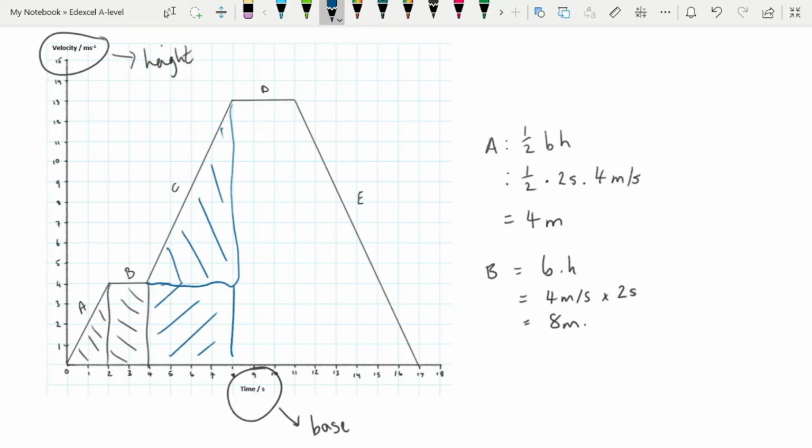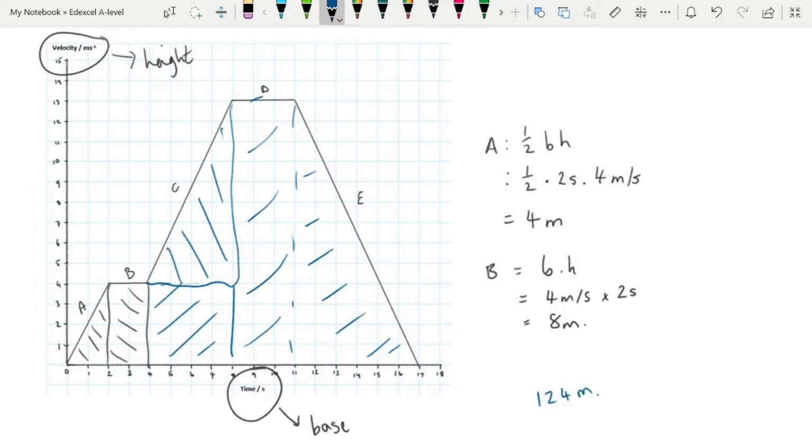Generally, what you're doing with graphs like this is finding the total distance traveled by the object. You keep calculating what the area is for every section of it, and then add them all up at the end. If you do that, you should get a distance of 124 meters altogether. So that's the first one.